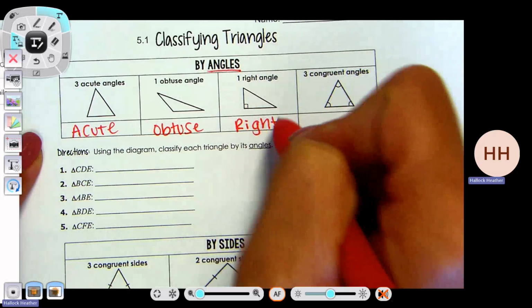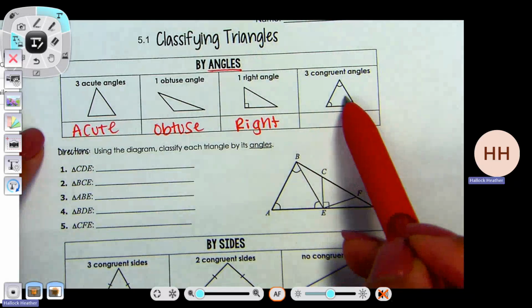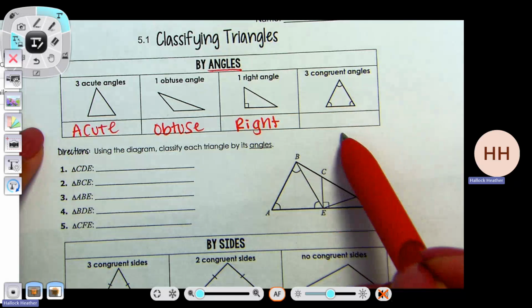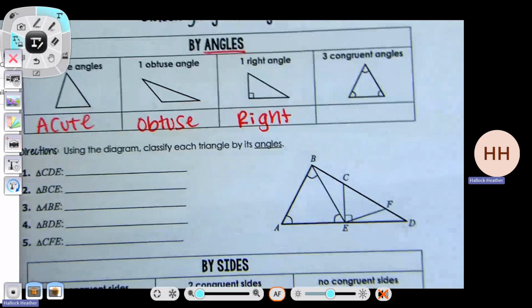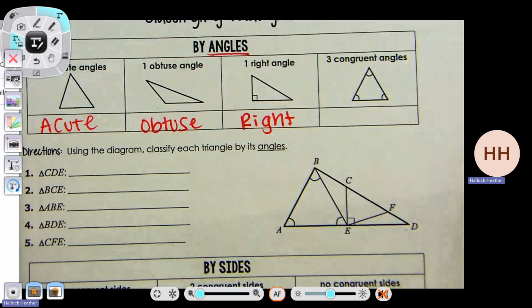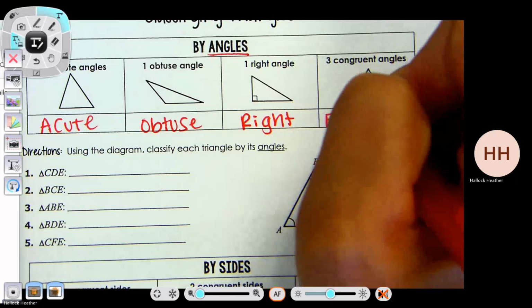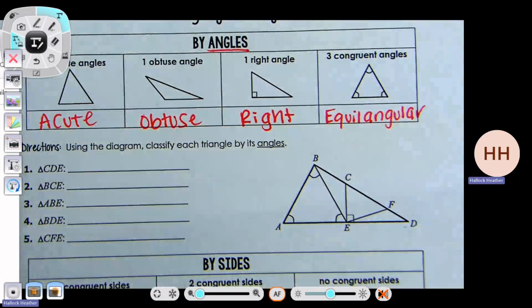Okay, this one you're not going to get because this is a new vocabulary word. If you have 3 congruent angles, what is it? It is not an equilateral. It is not congruent. It is equiangular. Because in math class, we just start making up words, apparently.